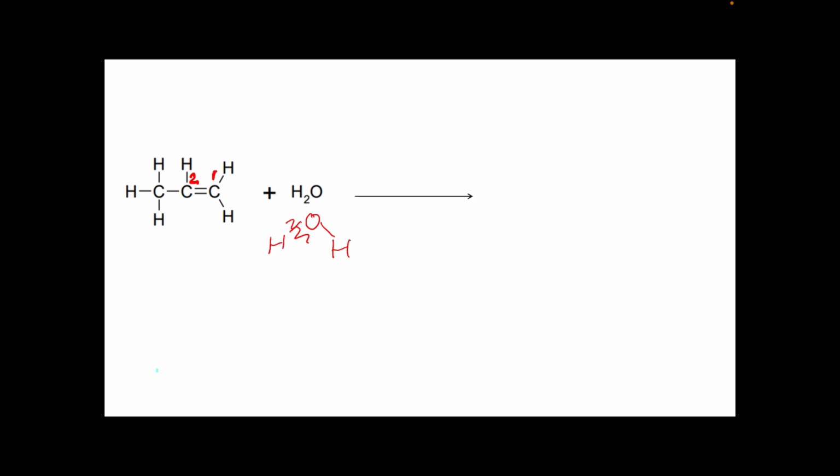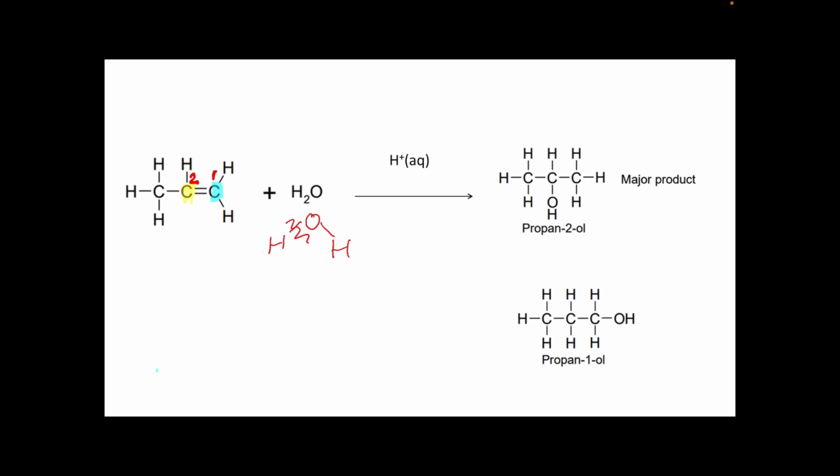So we would predict that it's going to go onto carbon number 1, and the OH is going to go onto carbon number 2. I've put that there because remember this is acid catalysed. And indeed the major product is propan-2-ol, and you've got a minor product propan-1-ol.